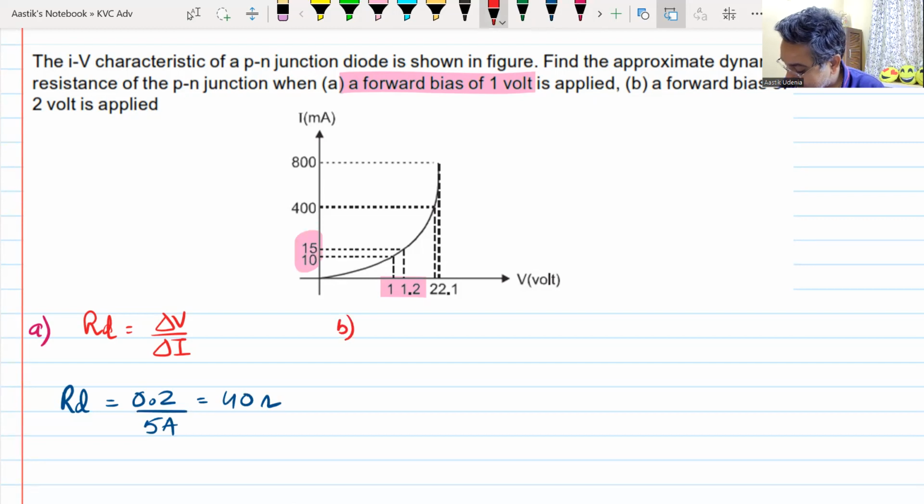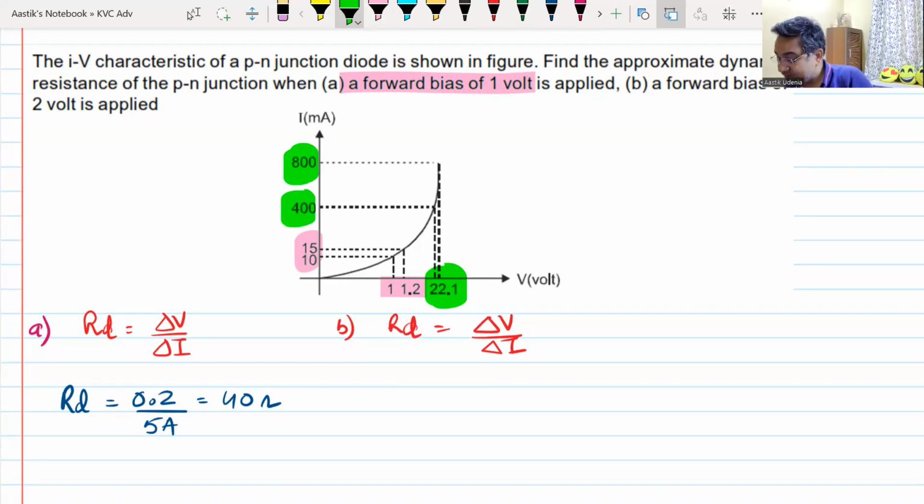In the next case, case B, again the dynamic resistance is change in voltage divided by change in current. Now we must look at the change in voltage here and the change in current from here to here. Do we see this? Yes, sir. If you see this, my dear friends, then it is good.